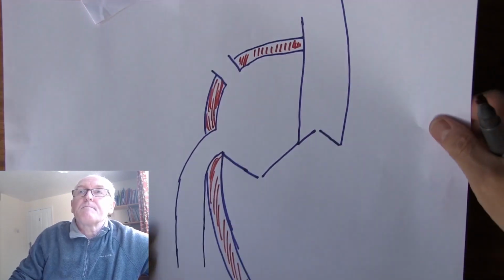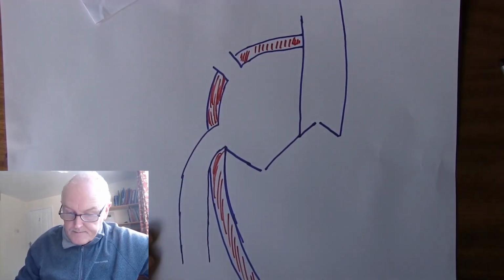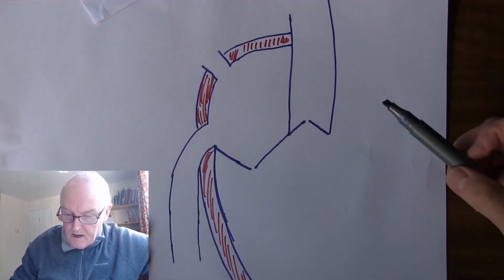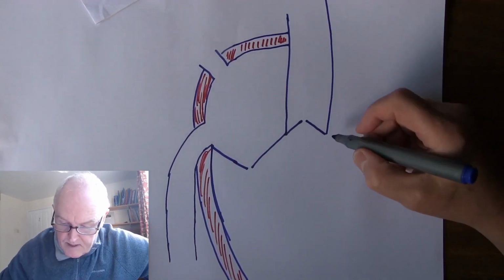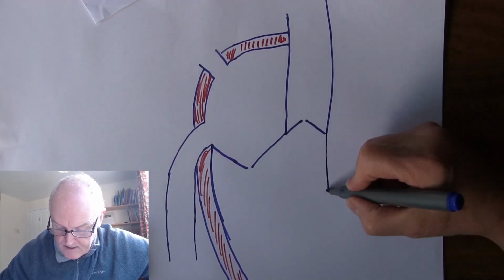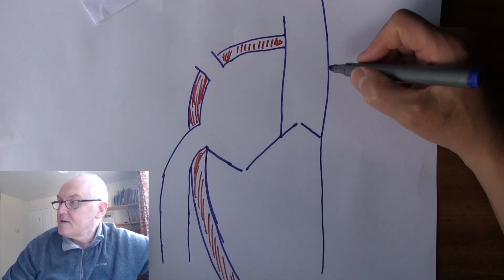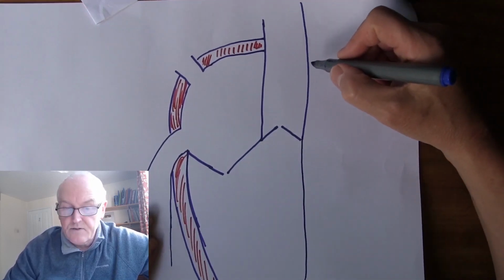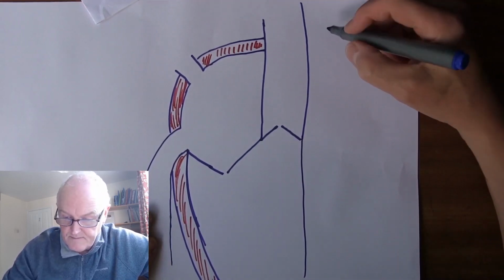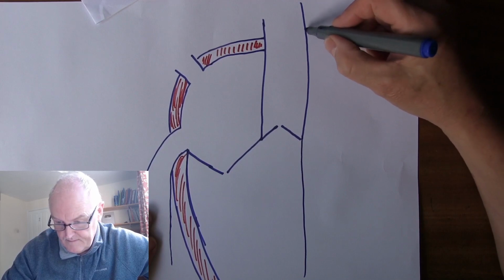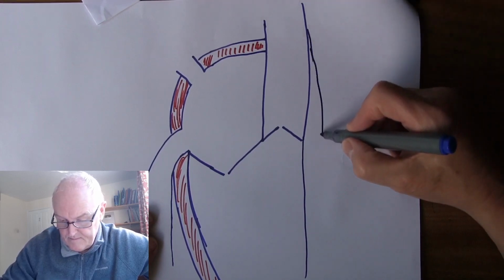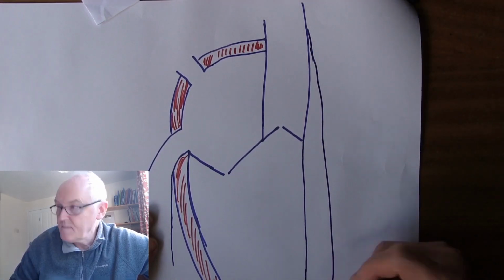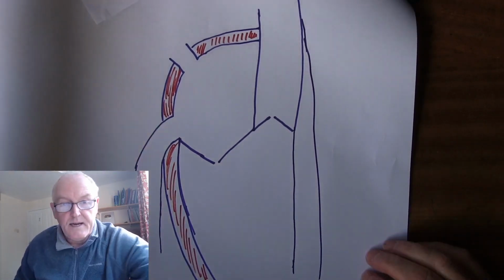There we are. The cardiac septum would be in this area here, dividing the two sides of the heart. So this will all be cardiac.